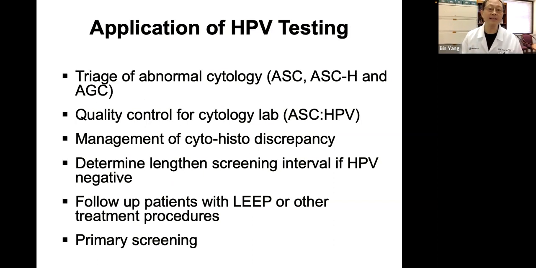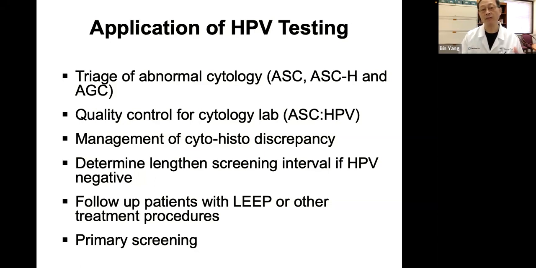So HPV testing has many clinical roles or utilities. Besides triaging abnormal cytology like ASC-H and AGC, it is a great tool right now, serving for quality control for cytology, especially the HPV to ASCUS ratio. And it's great for cytology-histology discrepancy review.